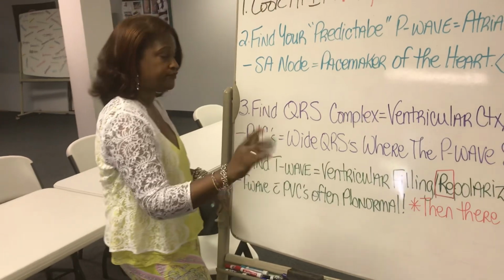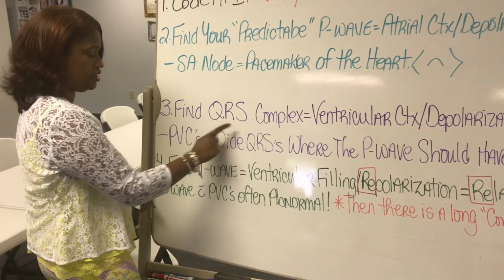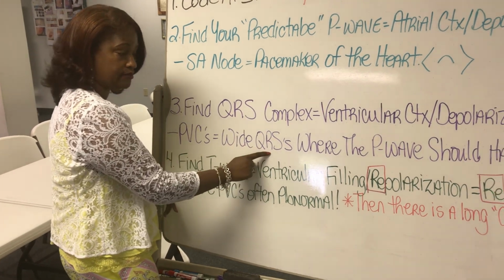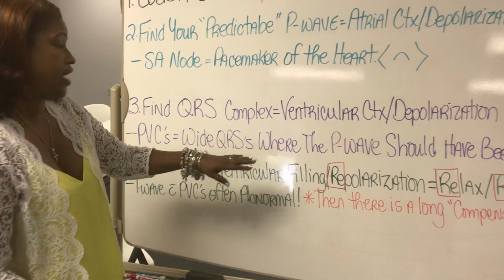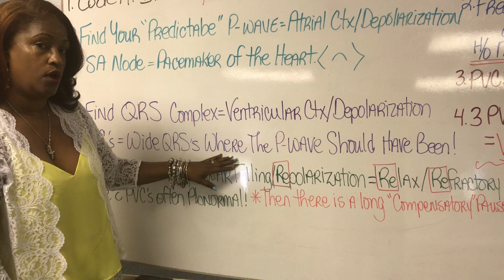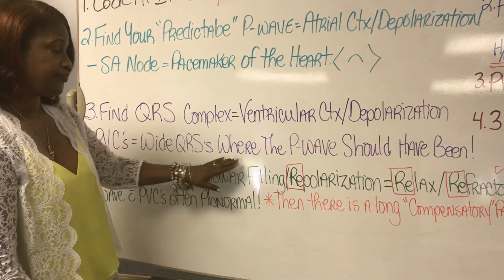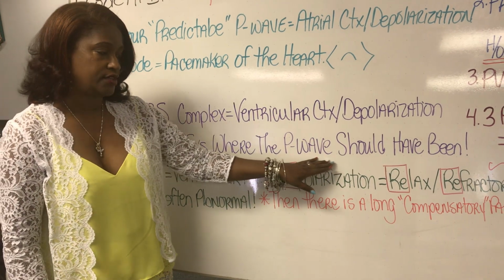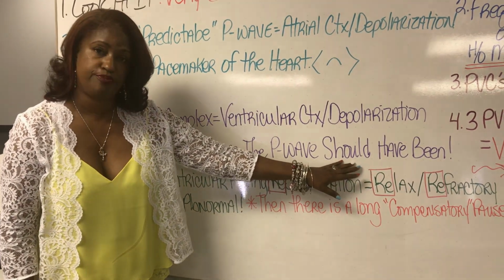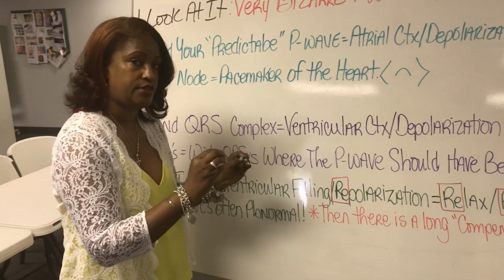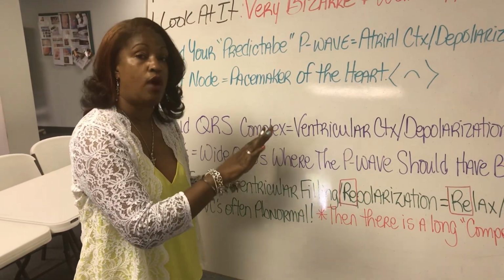Now, when you find the QRS complex with the PVCs, they are wide, and you have to ask yourself, when you saw that wide QRS, did you notice, isn't that where the P wave should have been? Because you'll see on that strip with PVCs some normal activity.